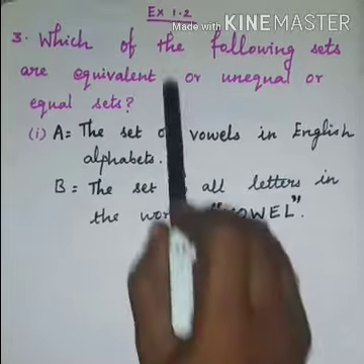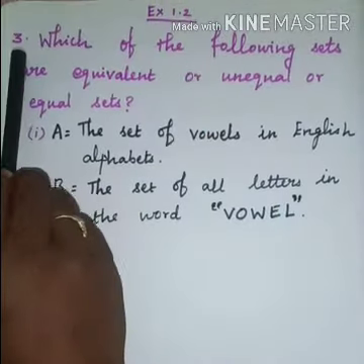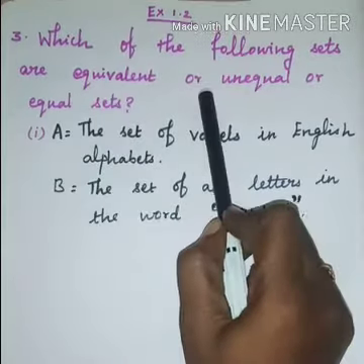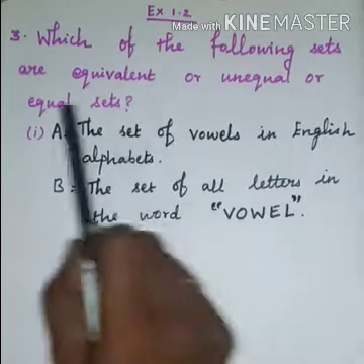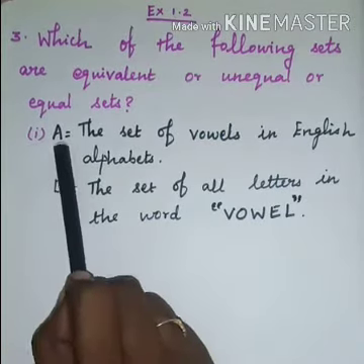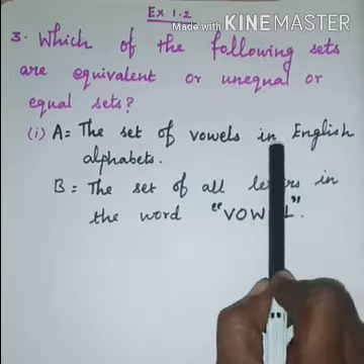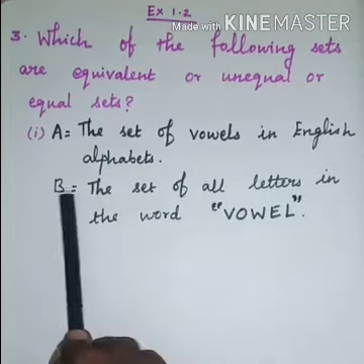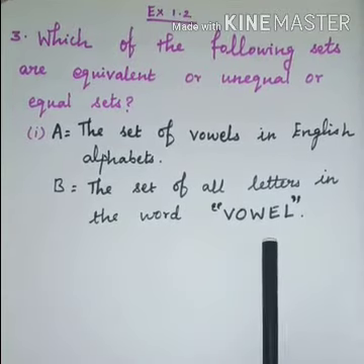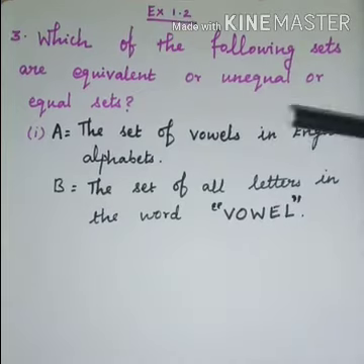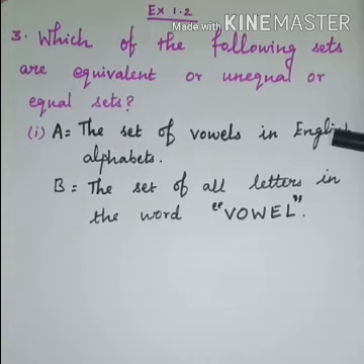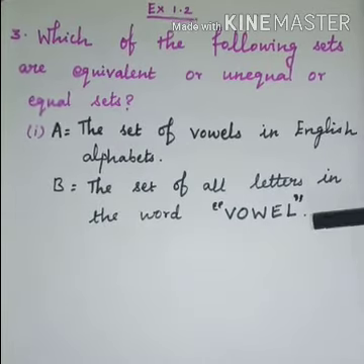Next, exercise 1.2, third sum. Which of the following sets are equivalent, unequal or equal sets? First subdivision: A is equal to the set of vowels in the English alphabet. B is equal to the set of all letters in the word vowel. We have to find whether these two sets are equivalent sets, unequal sets or equal sets.